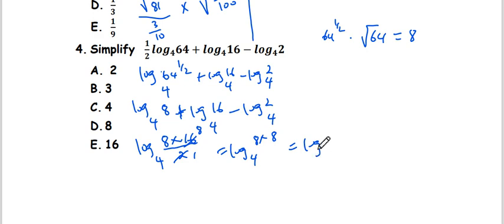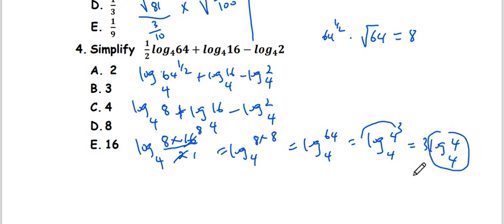That's log 64 base 4. 64 is the same as 4 raised to power 3, base 4. So when we multiply this entire expression by this 3, it becomes 3 log 4 base 4. And logarithm to its own base is 1. So that's 3 times 1, which is equal to 3. So the answer is 3 here.